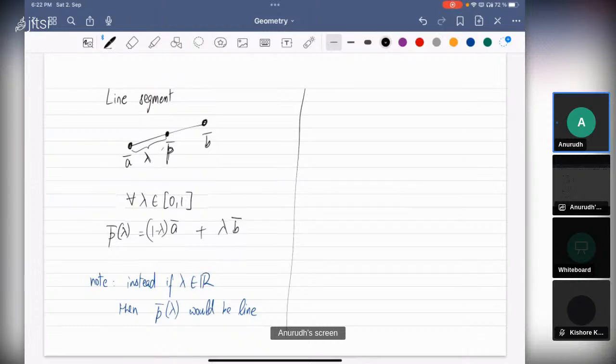And maybe something that's not very commonly known is how to parameterize a circle, because it's not very obvious.